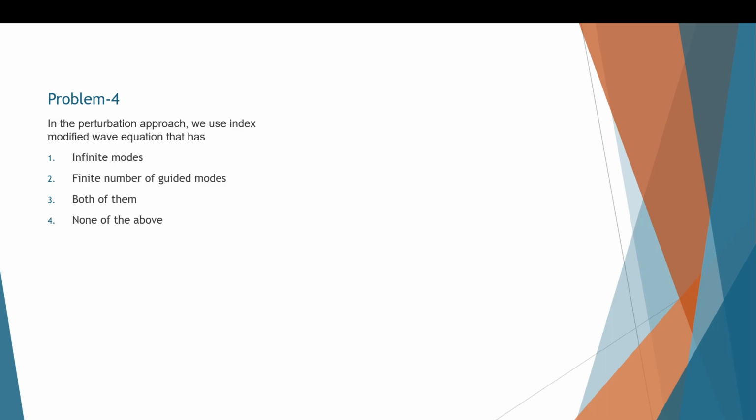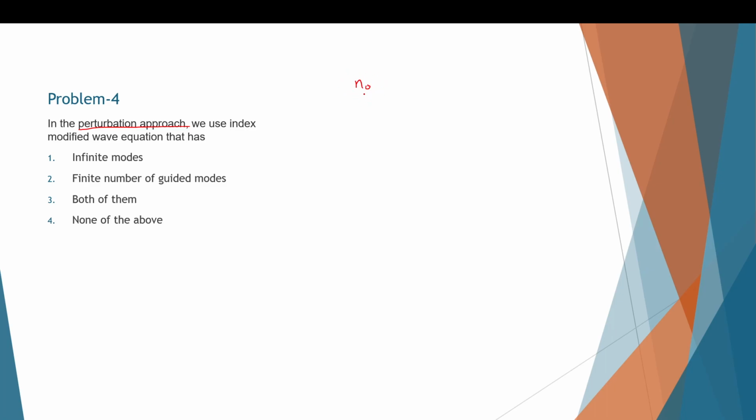In the classes we had learned 2-3 different approaches to designing waveguides, and one of the approaches was the perturbation approach. In the perturbation approach, we assume the refractive index profile is a little bit complicated. We use it only in such situations, where we know the solutions for some simpler refractive index, say n naught.